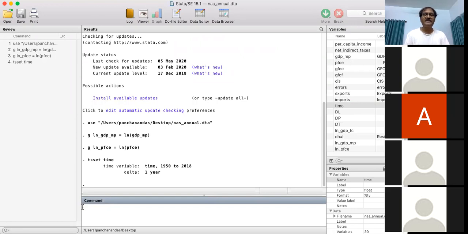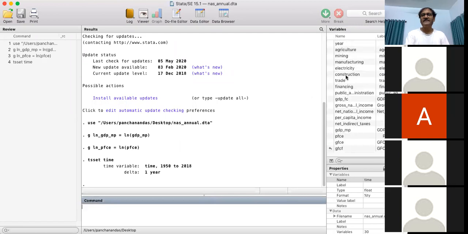Originally in your data, the time variable was in the variable name year, and which was in string format. And for that reason, we have converted this string variable into a numeric one. So we are using time as the time variable that starts from 1950 and ends at 2018.